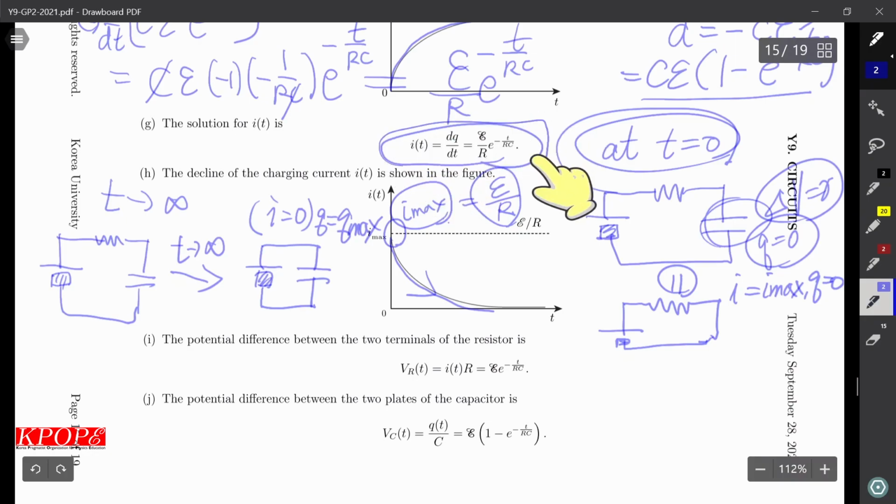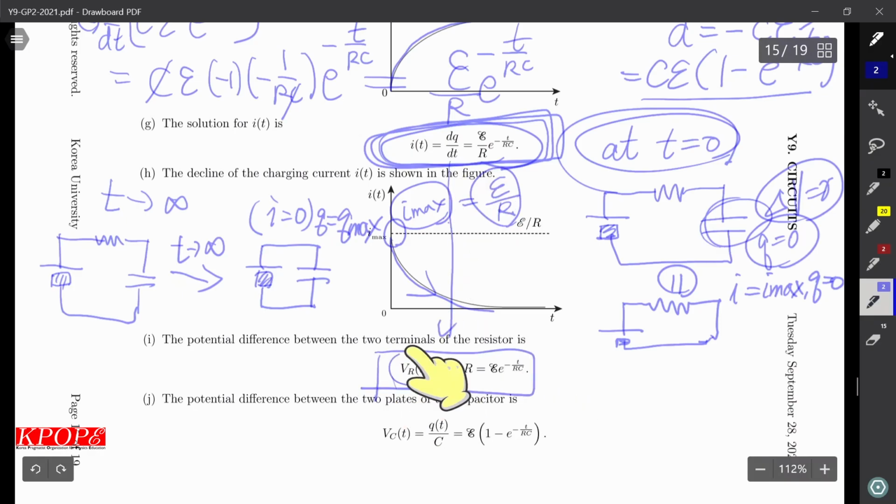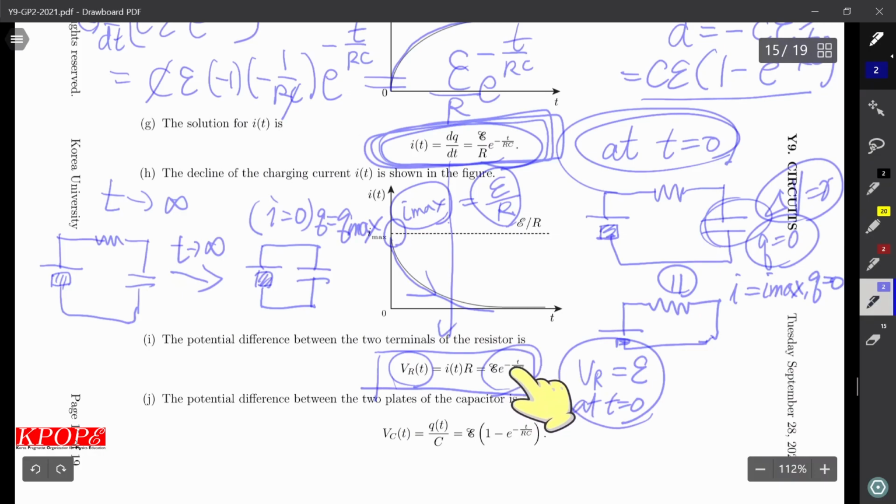Because we have obtained the current of the system, multiplying by resistance R, we find the potential difference between the two terminals of the resistor. At t equals 0, VR equals E, right? But as t goes to infinity, the exponential becomes 0.